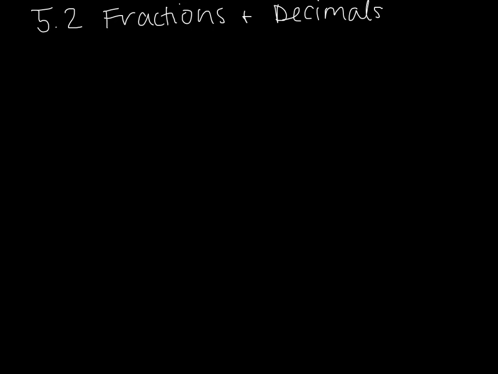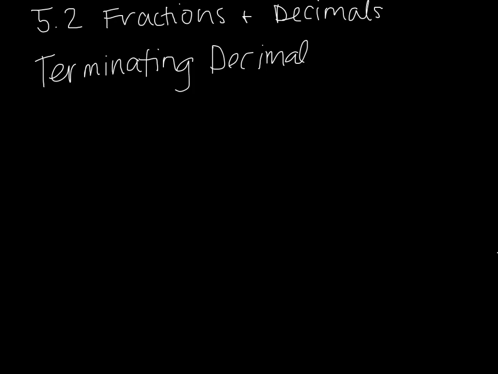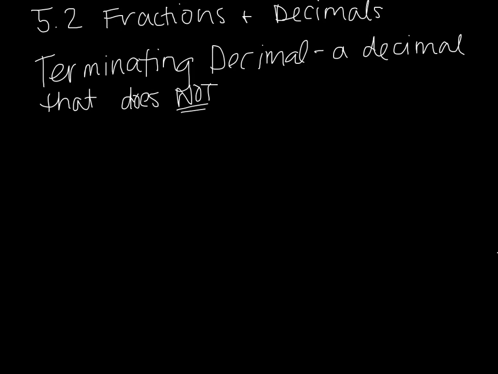Something I wanted to talk about is the difference between terminating and repeating decimals. So a terminating decimal is a decimal that doesn't, we better underline not so we see that, continue or repeat.